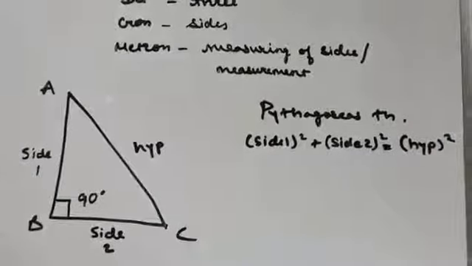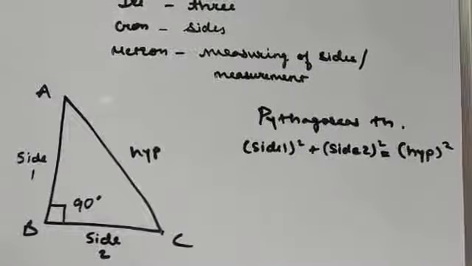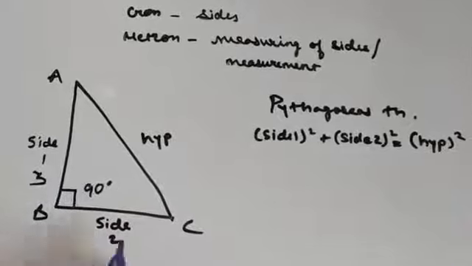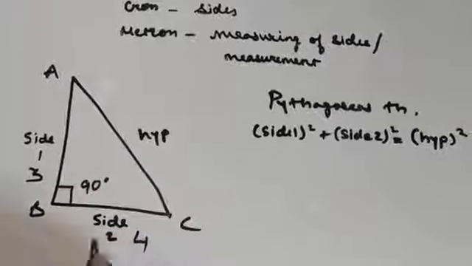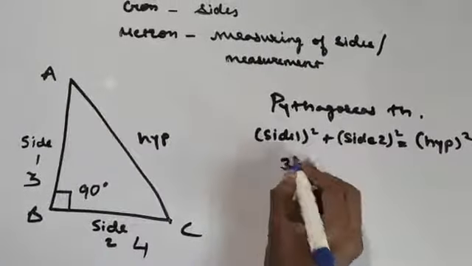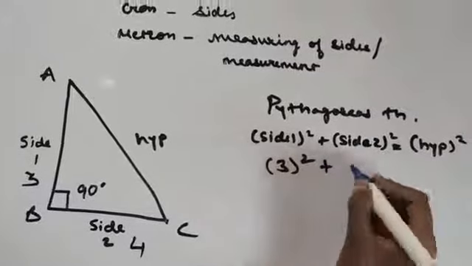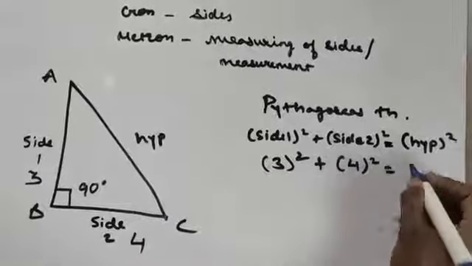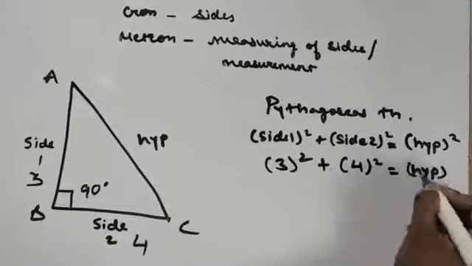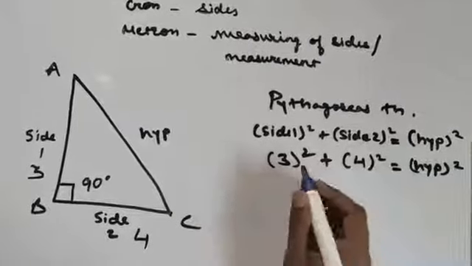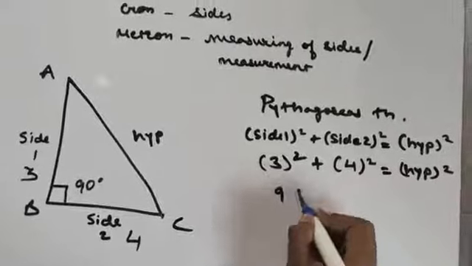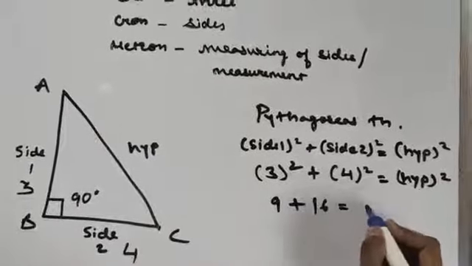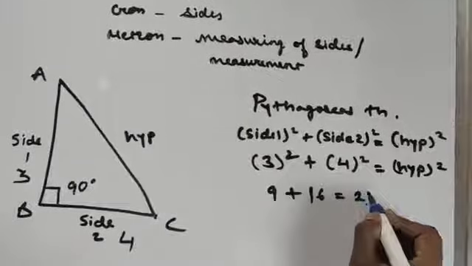Okay, let's take an example. Let side 1 be 3 and side 2 be 4. So side 1 square, that is 3 square, plus side 2 square, that is 4 square, is equal to hypotenuse square. Okay, so what is the square of 3? 9. Square of 4? 16, which is equal to 25.